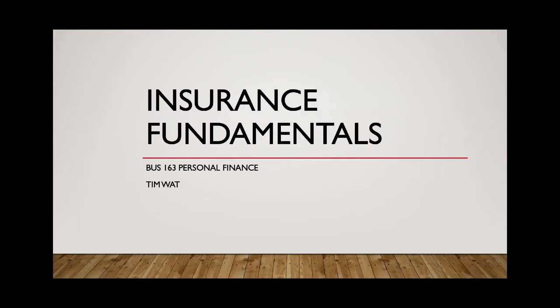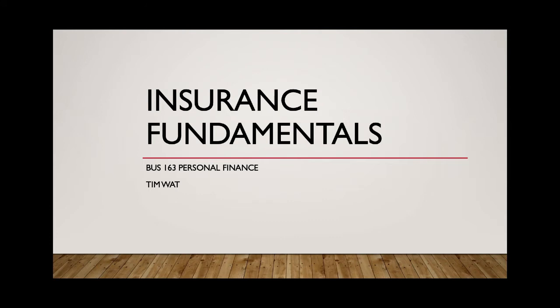You can see here from the title slide, this very first video looks at insurance fundamentals. We're going to be talking about several different types of insurance in this module, from renters and homeowners insurance to auto and health insurance, but all of these types of insurance have some similar fundamentals, how they work, why insurance companies can't offer insurance to us as individual consumers.